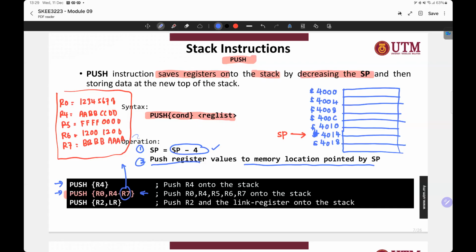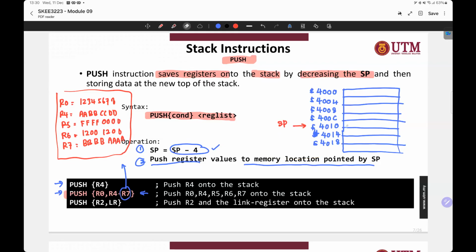The content from R7 will be stored, sorry, the stack pointer will be decremented first, then after that you store the data. So the stack pointer is decremented to 4010.